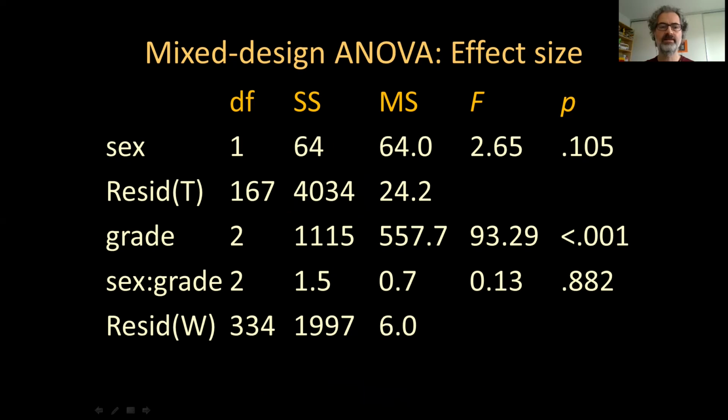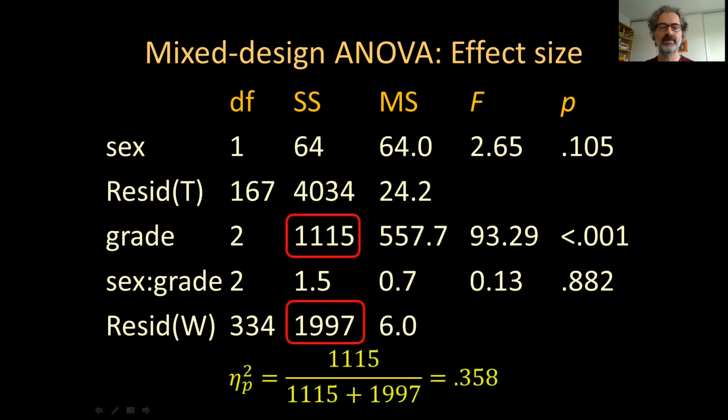The partial eta square for grade is calculated in the same way, except now the corresponding residual is this one. So excluding variability that is relevant to other things, the partial eta square for grade, which is a repeated measure, and therefore it's the within residual that's relevant, is 0.358.